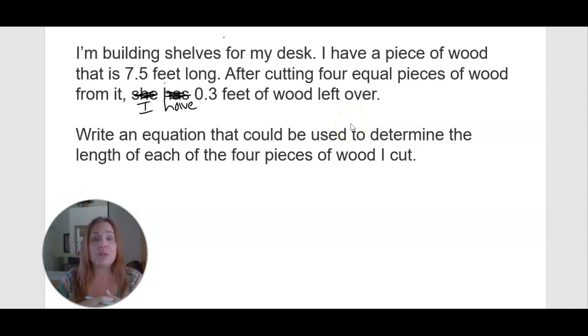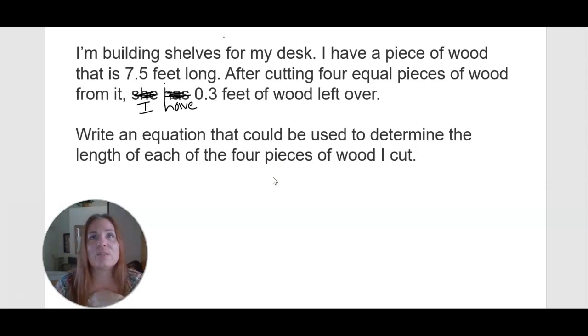I have the pieces that I cut plus what I had left over. And when I put those together, it should equal the amount of what I started with, right? So I have the pieces that I cut, 4 equal pieces. I don't know the length of each one. If each piece was, let's say, 5 inches, I would do 4 times 5.